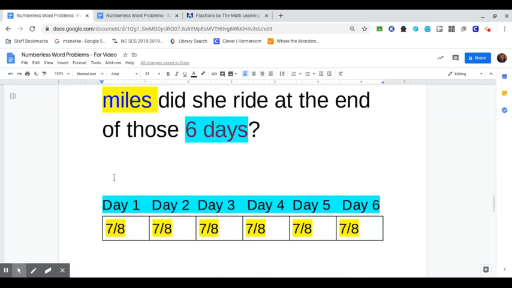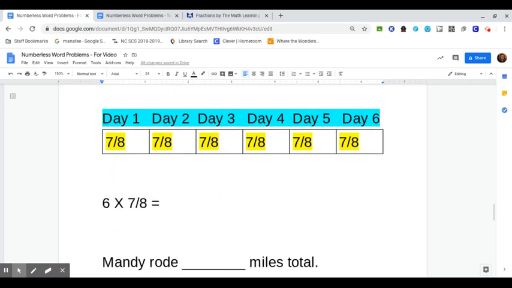We have days 1 through 6, and each day she rode 7/8 of a mile. So our multiplication problem is going to be 6 times 7/8. So we're going to click over and solve that problem.